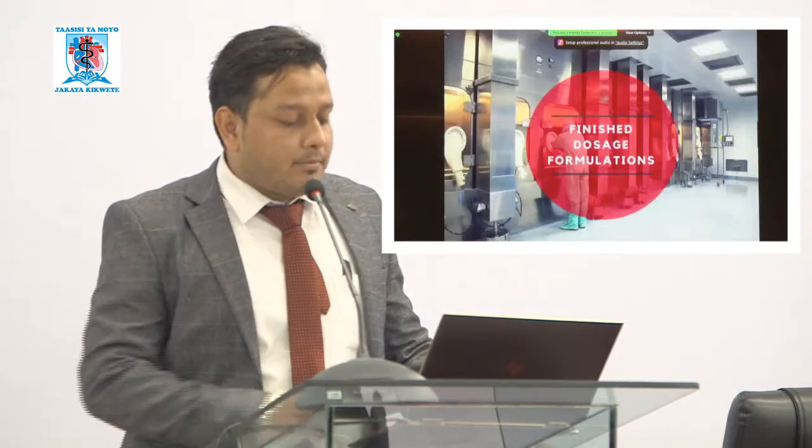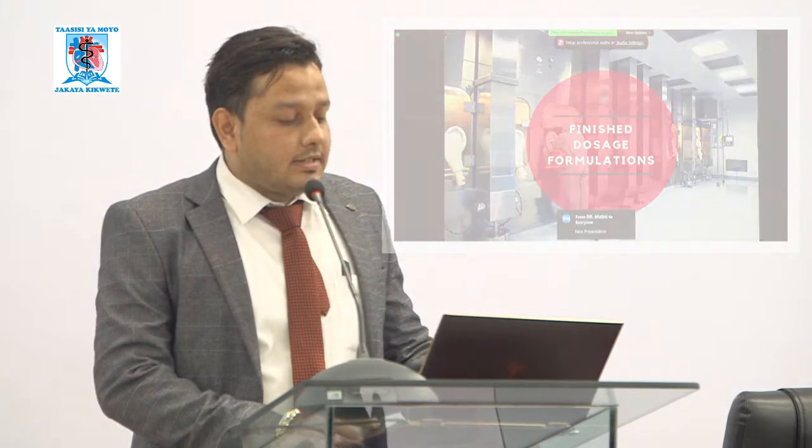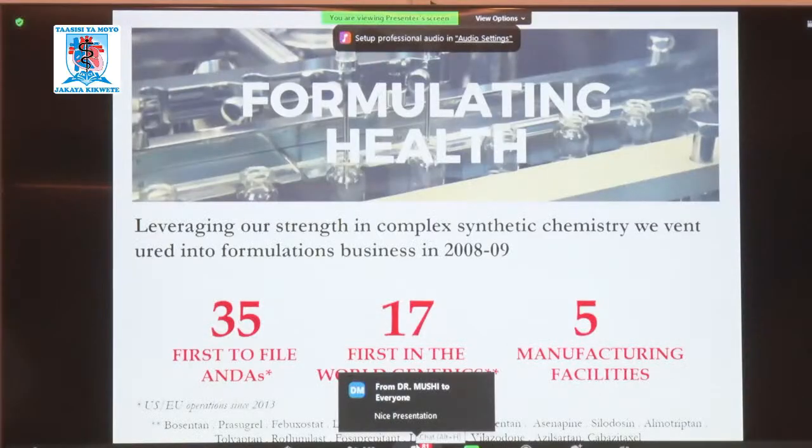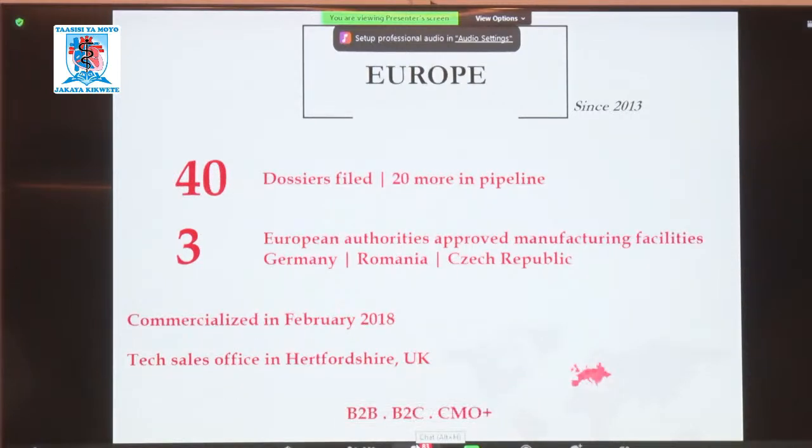We have 35 therapies in our portfolio, and this is the finished formulation. We have 17 first-in-the-world generics and 5 manufacturing facilities all over the world. In North America we are operating, with first-to-file products, 15 more pipelines, and drug master files.